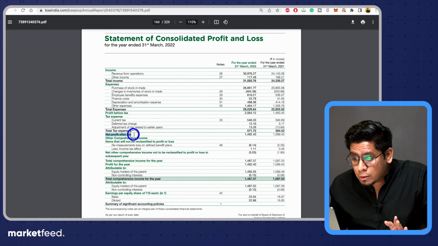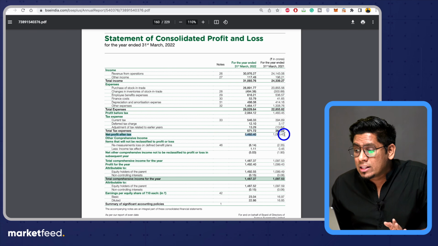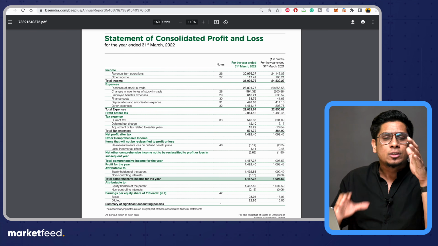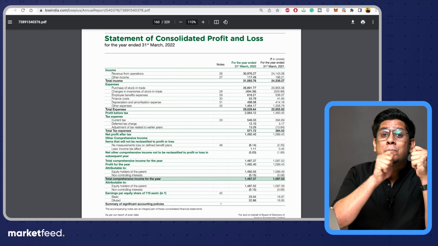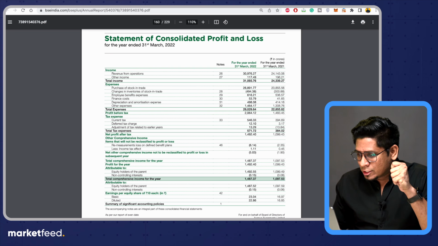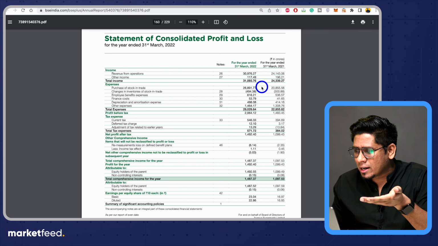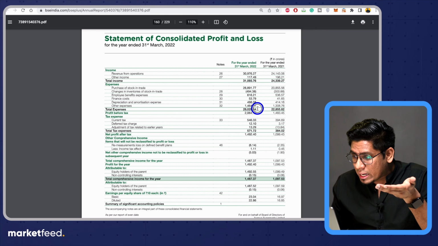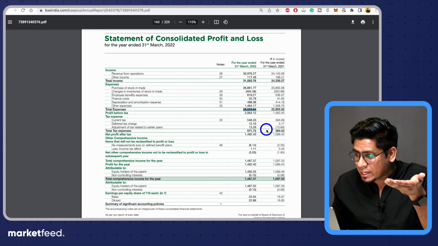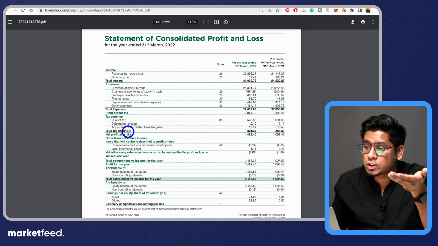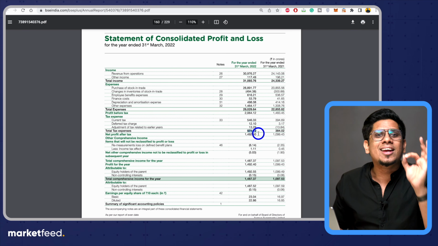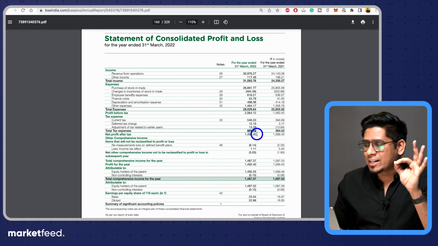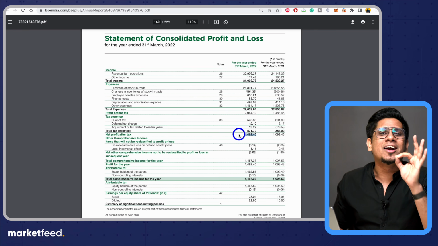The actual net profit after tax is 1,492 crores. So this is also called PAT, profit after tax. So if you see here, it's a very simple mathematical formula, right? 31,093 crores of income minus 29,029 crores of expense minus 571 crores of tax expense is the net profit or profit after tax of the company, 1,492 crores.